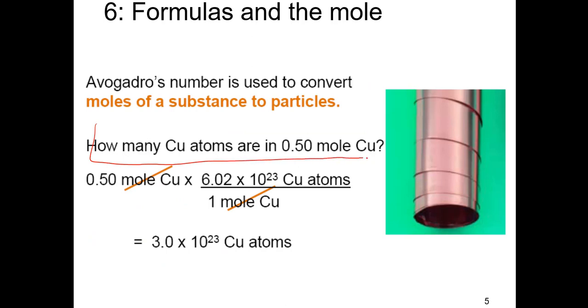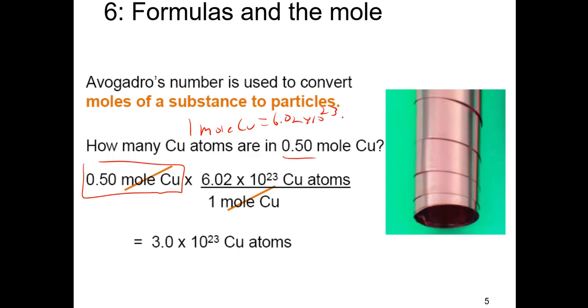How many copper atoms, there's the number, are in 0.50 moles of copper? So here is my starting value. My original equality, and I'll just write it above here, was 1 mole of copper equals 6.02 times 10 to the 23rd copper atoms.